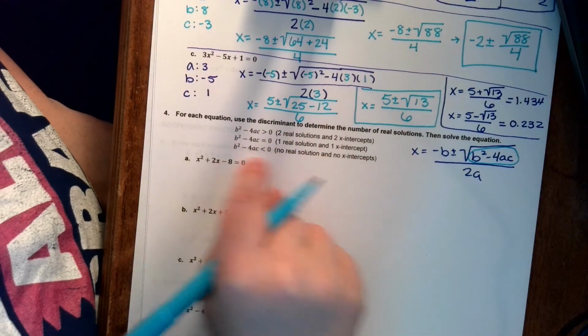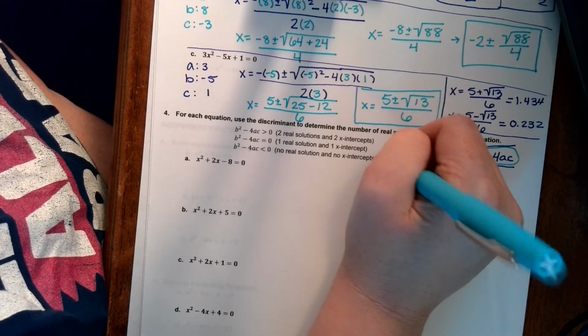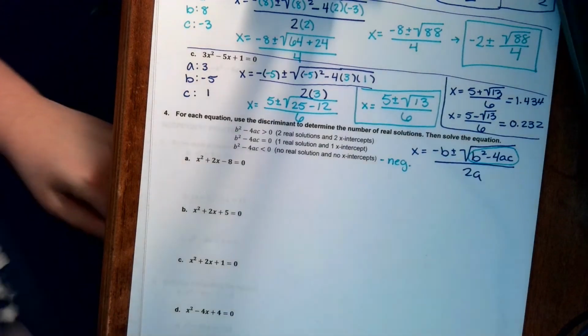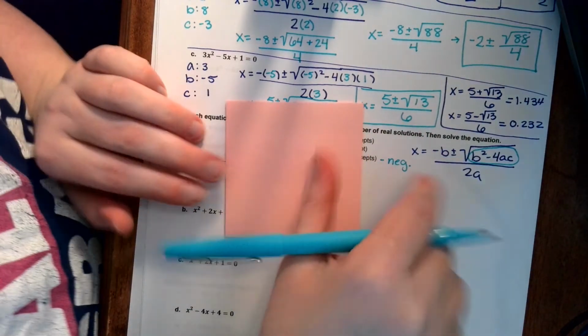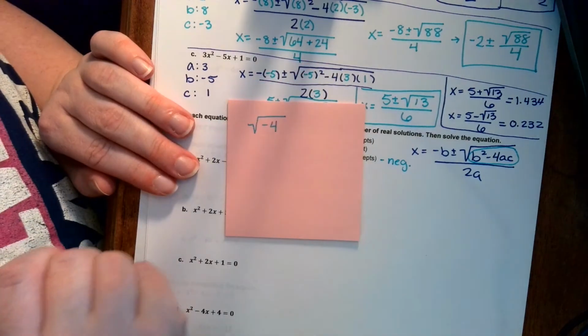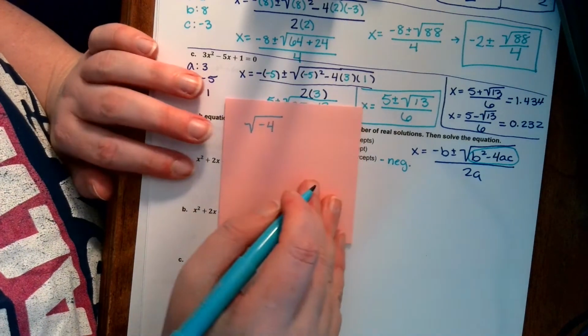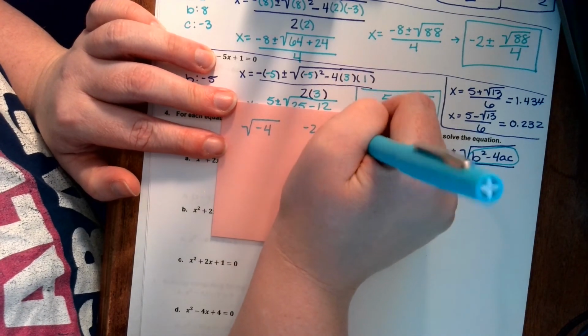But if it's less than 0, if your discriminant is negative, what ends up happening? Let's say you were trying to take the square root of negative 4. Well, how do you get negative 4? I can't do negative 2 times negative 2 because that gives me positive 4.